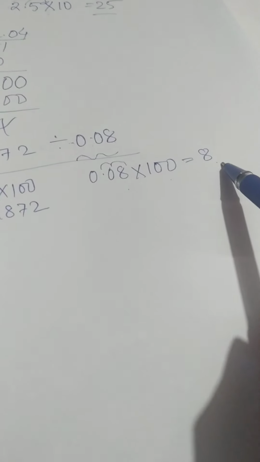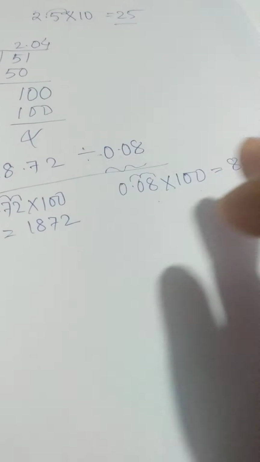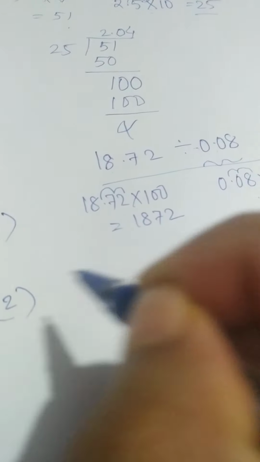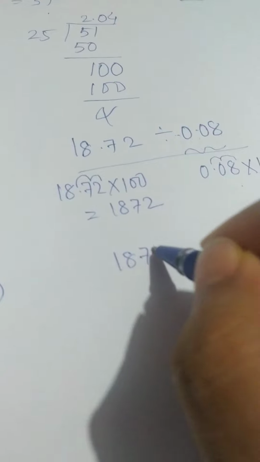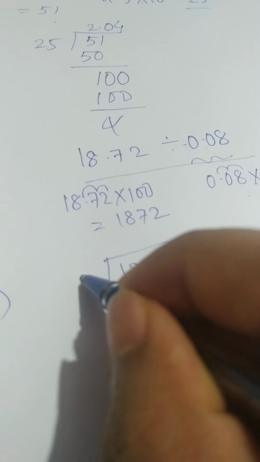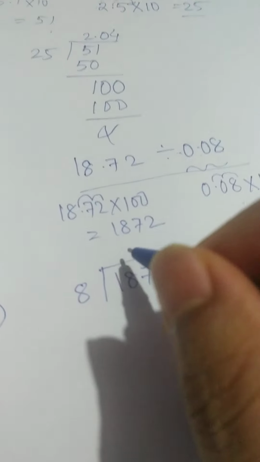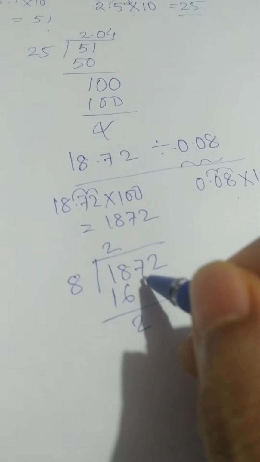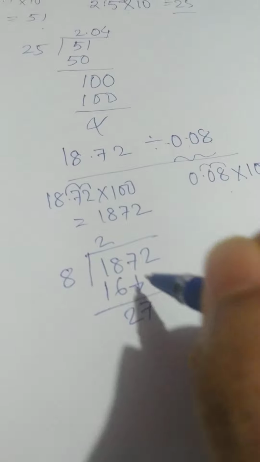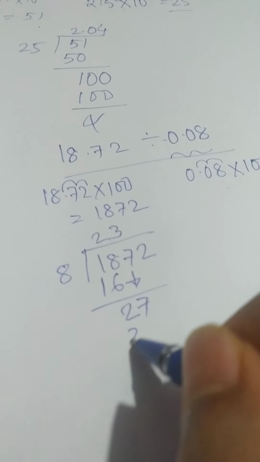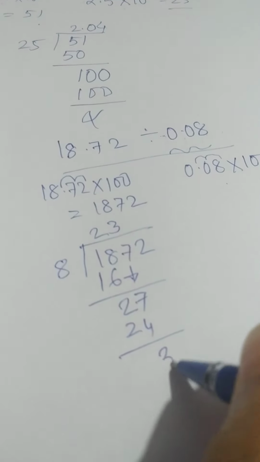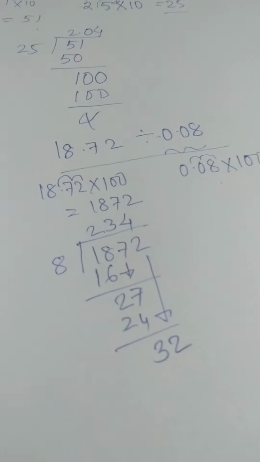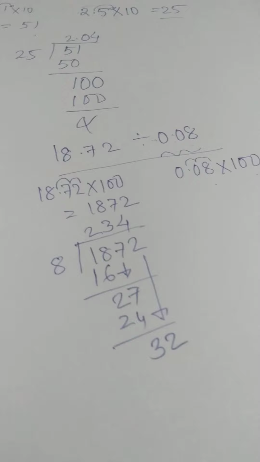Now I've got 8 over here. Now I will divide 1872 by 8. This is my second step. So 1872 I will divide by 8, normal division. 8 2s are 16, 2 comes 7, 8 3s are 24, 3 comes 2, 8 4s are 32.